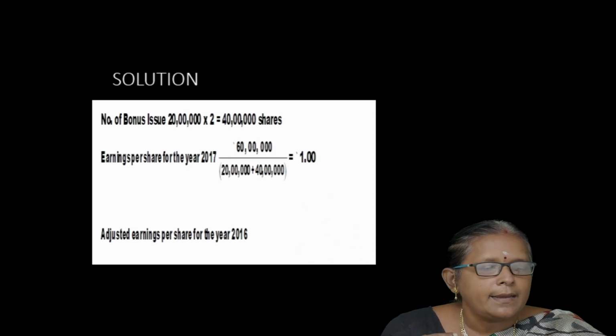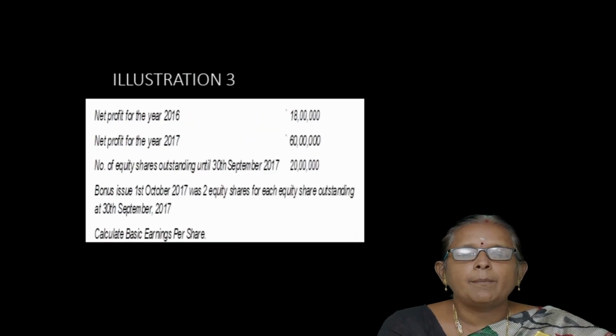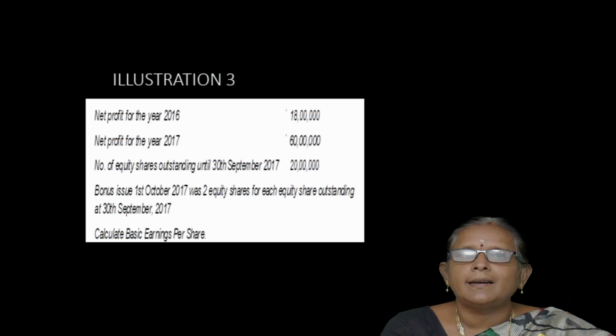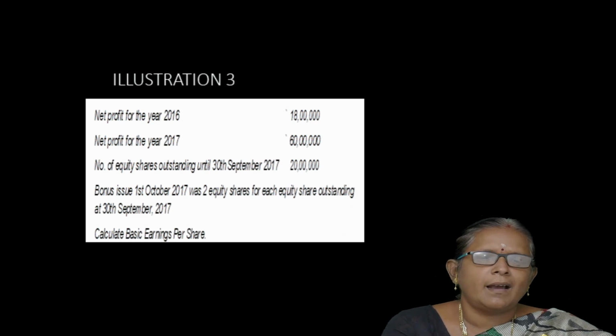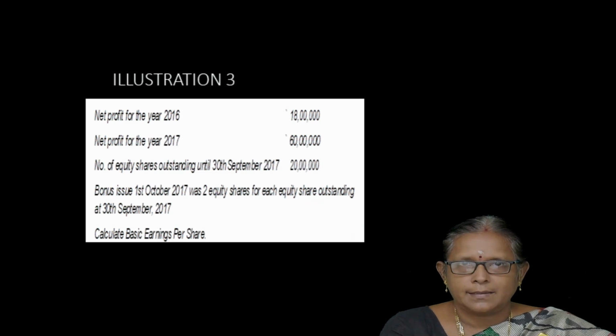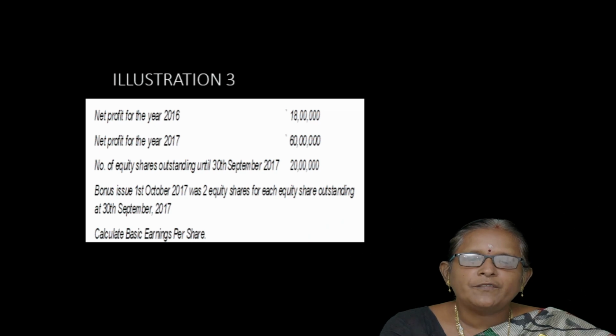And see, earnings available to equity shareholders means here there is no variation. That is why we can take the net profit as it is as earnings available to equity shareholders. So, net profit for the year 2017 60 lakhs.